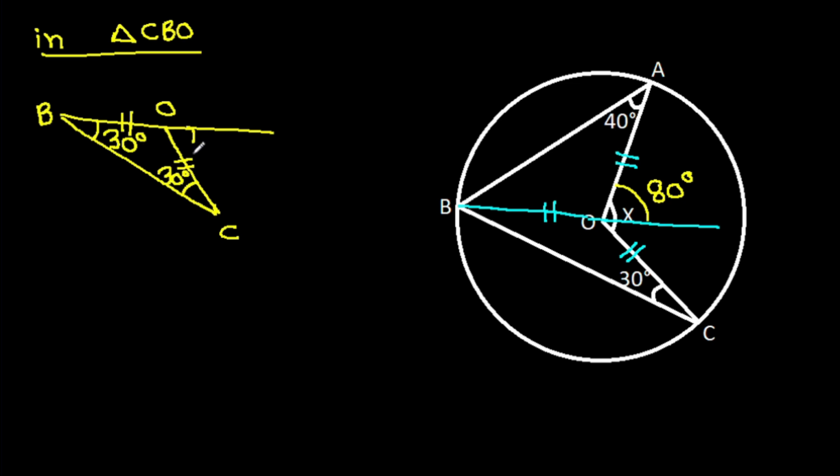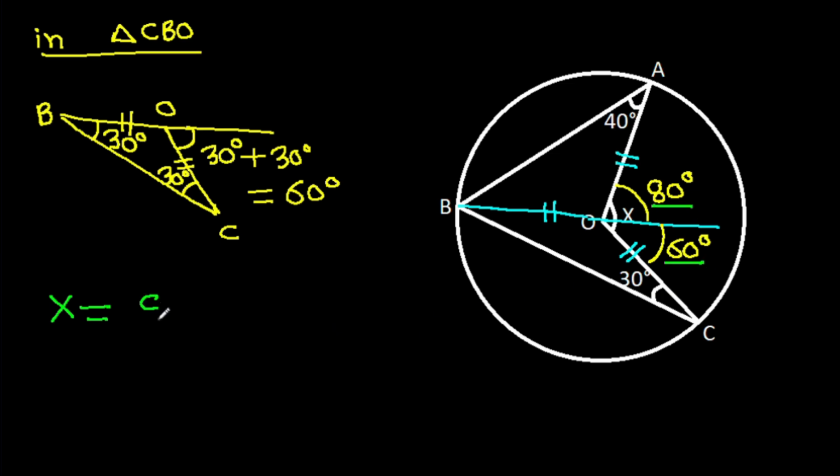That means this angle will be 30 degrees plus 30 degrees, that will be 60 degrees. This angle is 60 degrees, so x will be 80 degrees plus 60 degrees, so x will be 140 degrees.